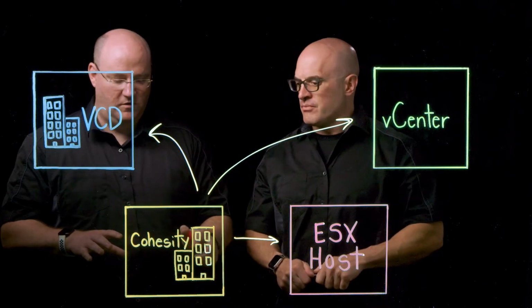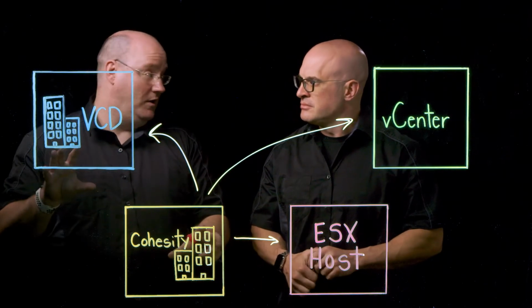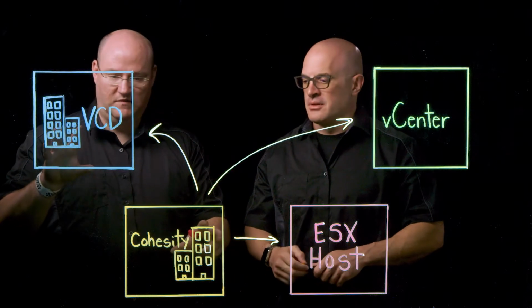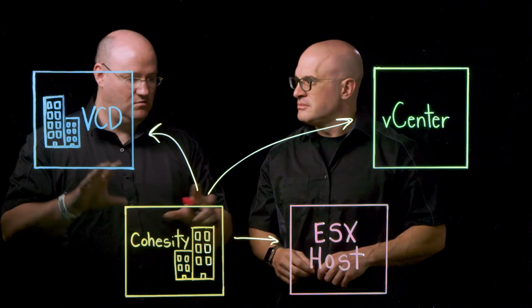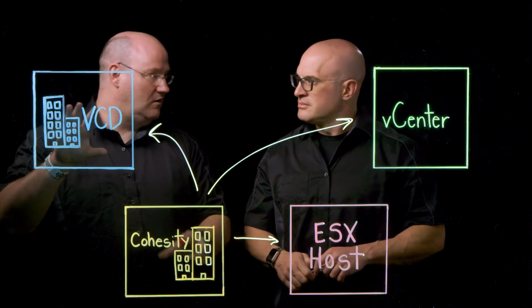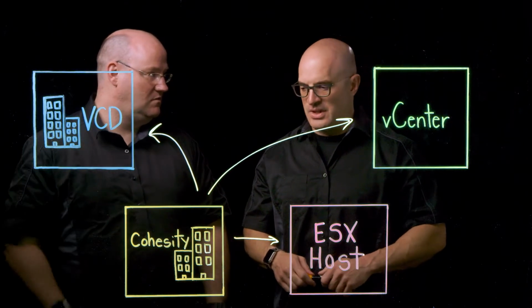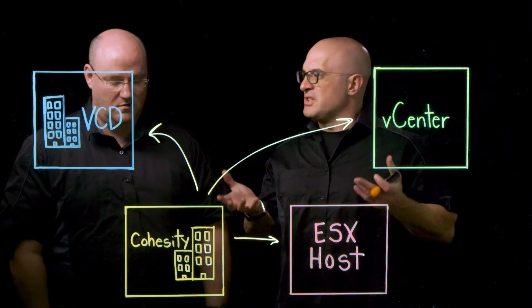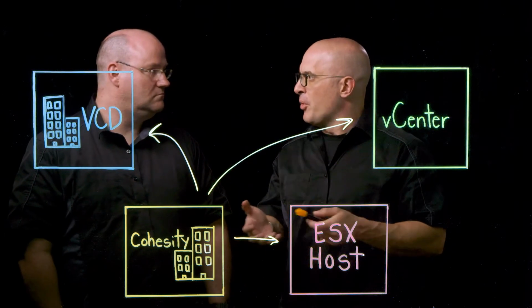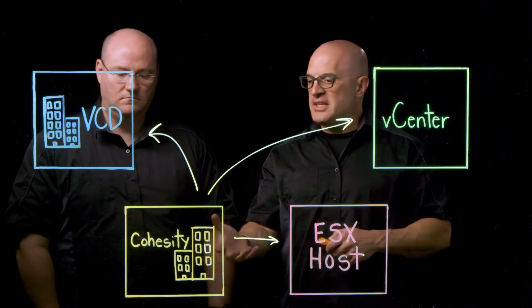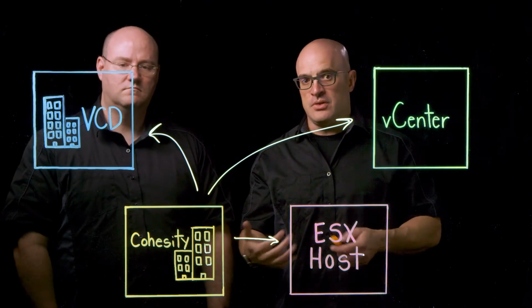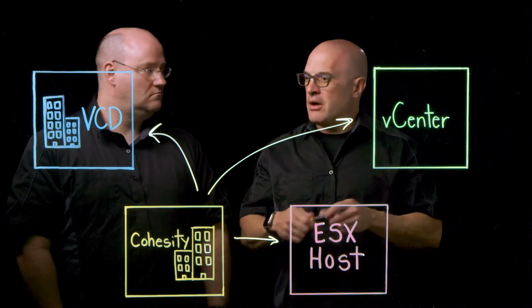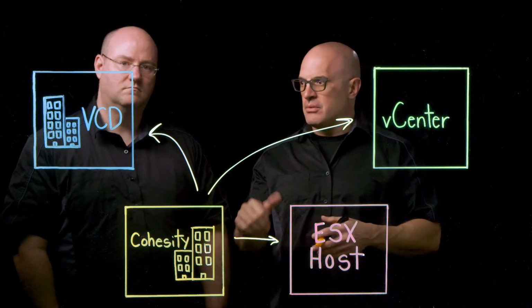I can't help but notice we also have some tenanting going on here. You want to go through a little bit of exactly how some of the tenanting is mapped up in here so that we can ensure that customer A is getting to customer A's VCD information? Yeah. Everyone knows VCD runs on multi-tenancy. That's the whole point of the product, right? Well, in Cohesity, we have an option called organizations. When you enable organizations, you're able to create tenants. Out of the gate, they're not mapped to Cloud Director.